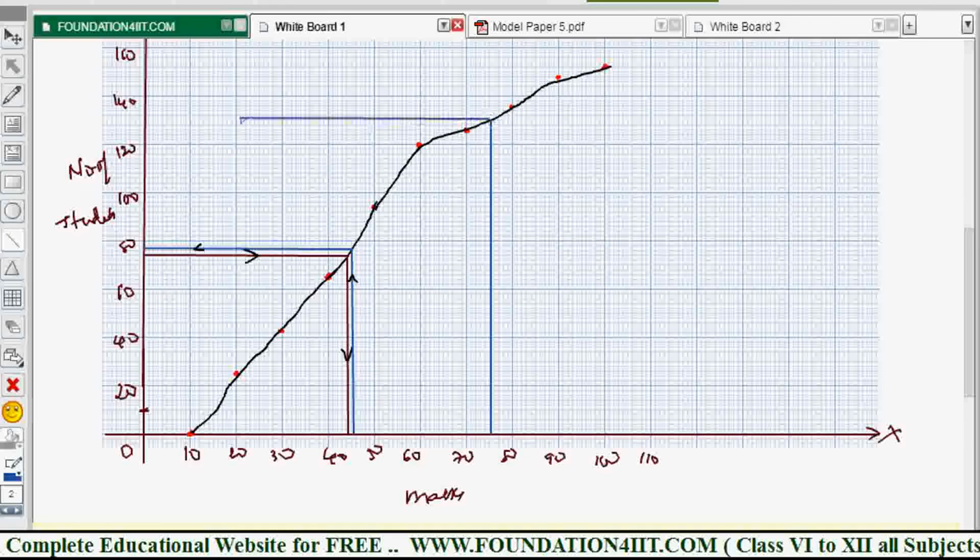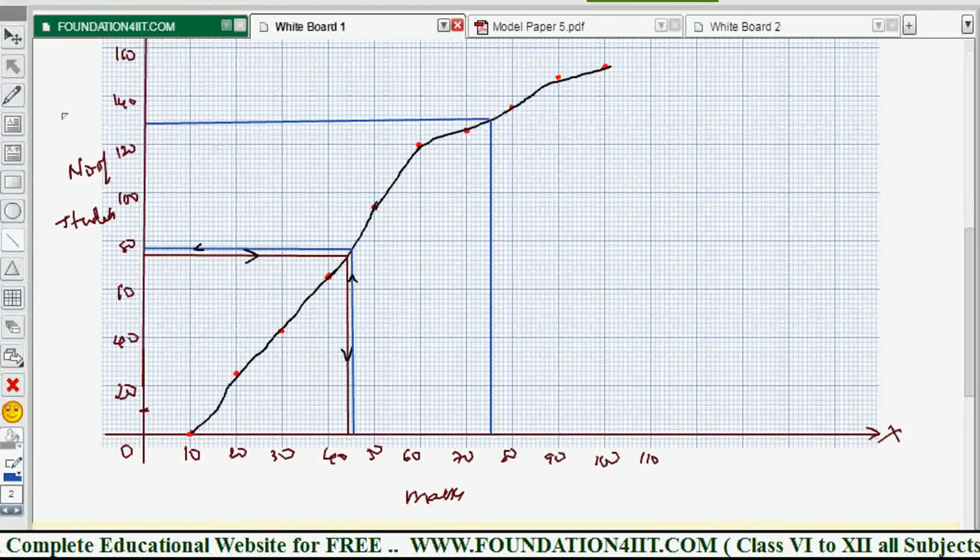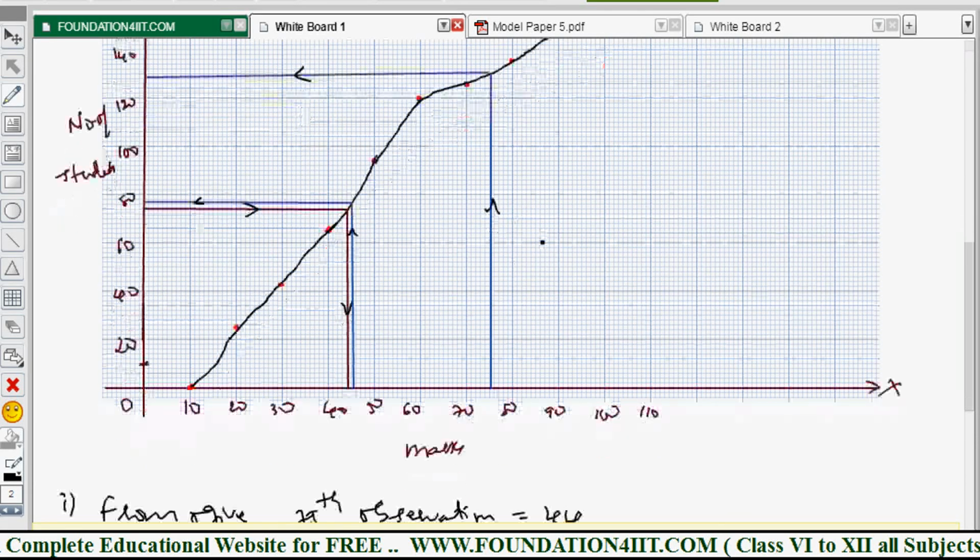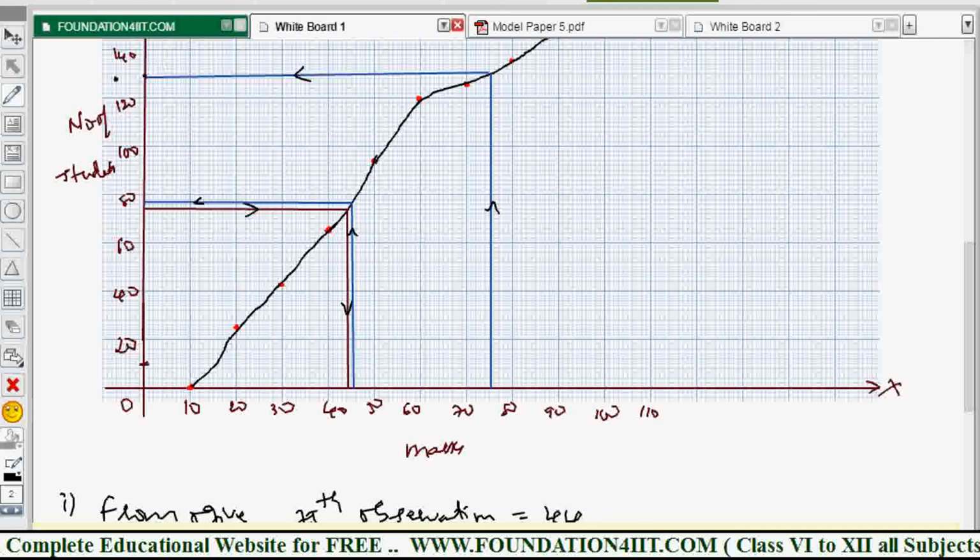It is 120, 114 between 130, next one more line, so 132. So it's touching at this point 132, and this other point is 78, right?